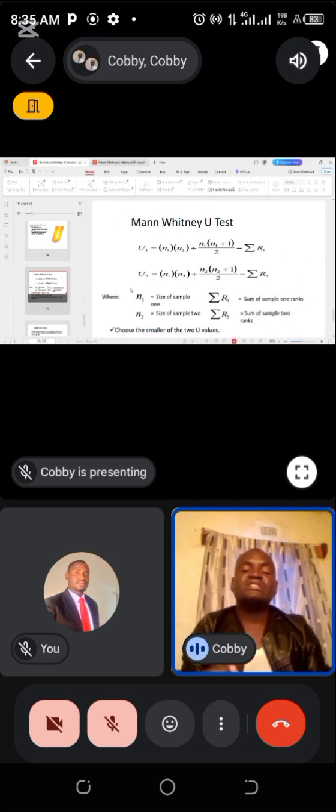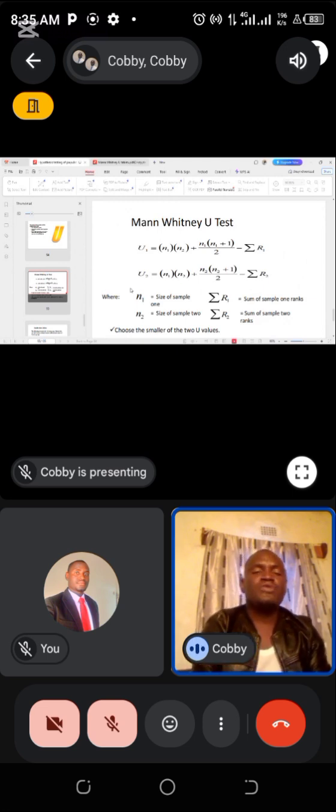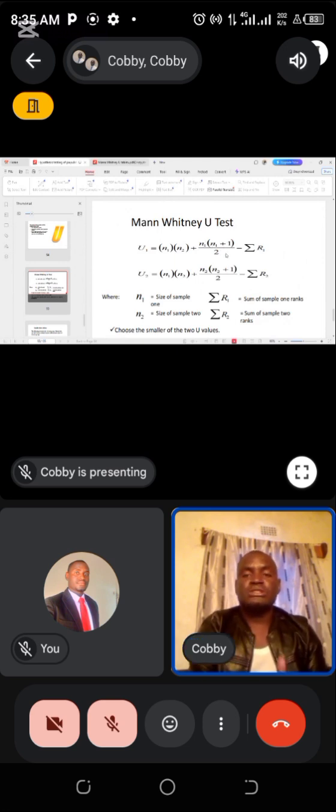U1 is equal to N1 times N2 plus N1 times (N1 plus 1) over 2 minus the summation of sample ranks.